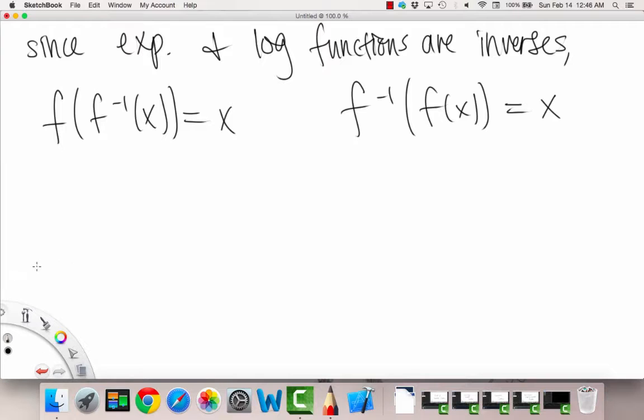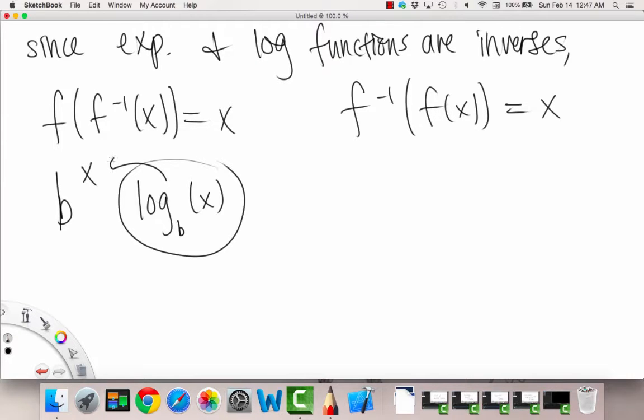So in this case, what we're working with is b to the x and log base b of x. If we compose one in the other, that means we're taking an entire function and sticking it in the x spot of the other function. So this would mean b raised to the log base b of x. This is just going to output an x because they're inverses, they have to output an x when they're composed.